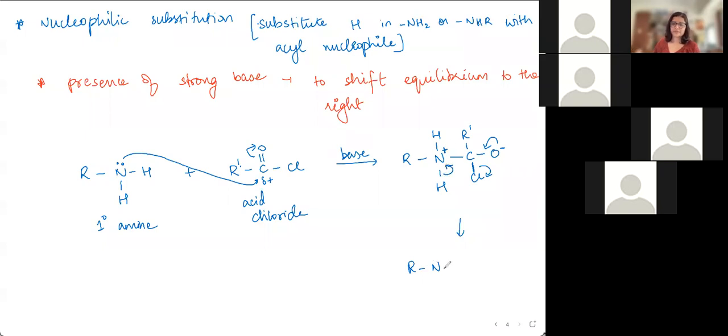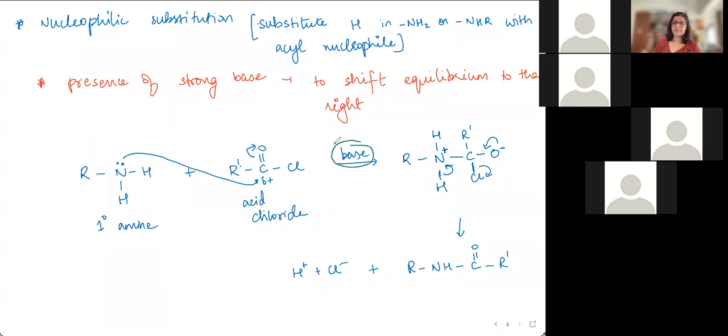You get R, N, H, C double bond O, R dash, plus H plus and Cl minus. Cl minus got out independently, H plus also gets out independently. They may form HCl together, but the base is required here.